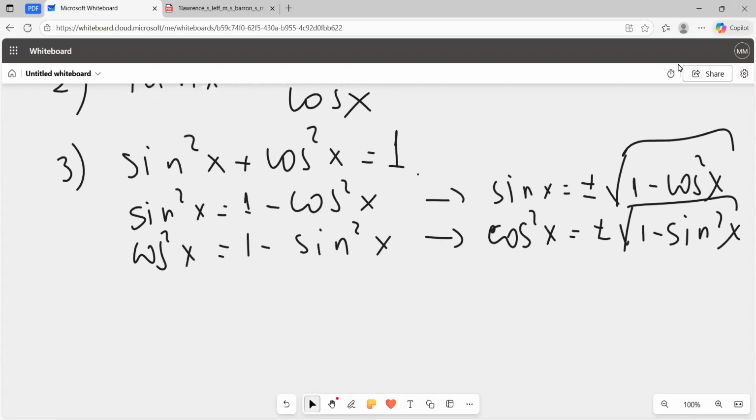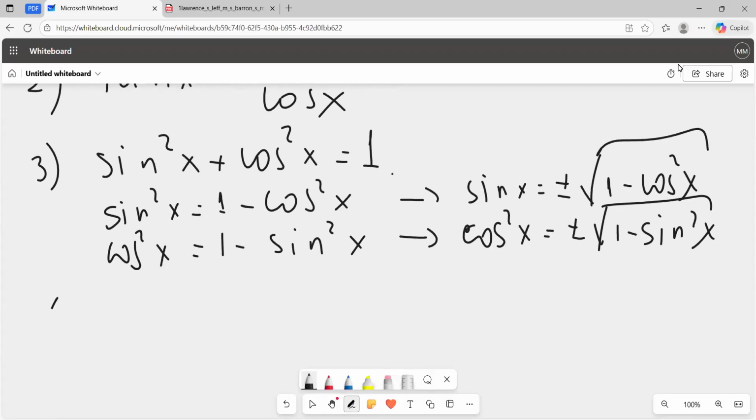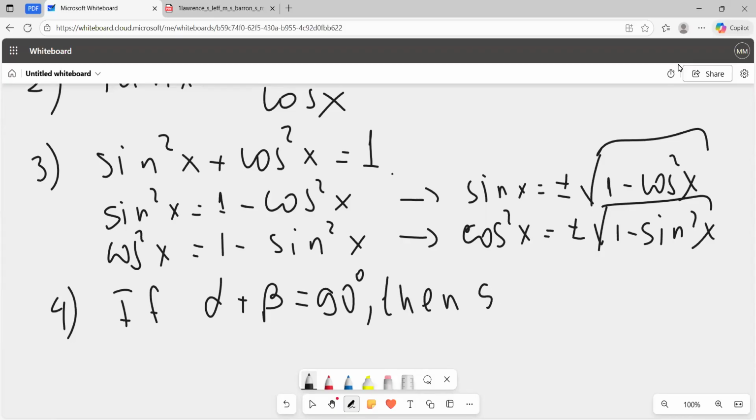And fourth one, if alpha plus beta, the sum of two acute angles, is equal to 90 degrees, then sine of alpha is equal to cosine of beta.